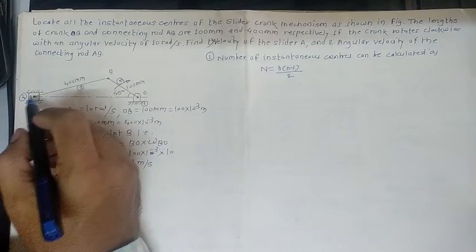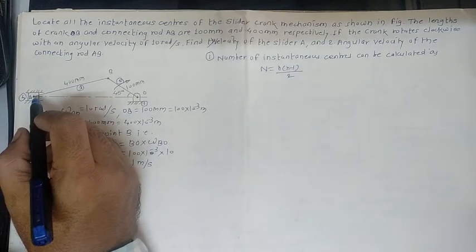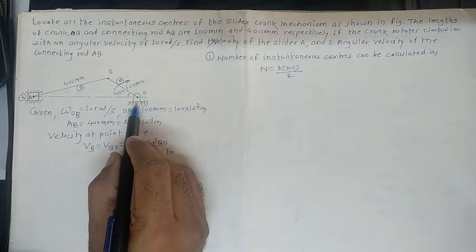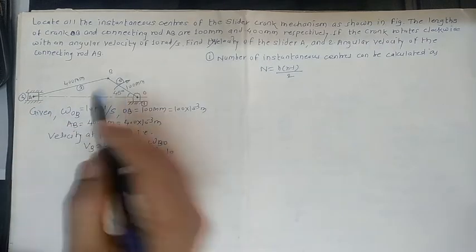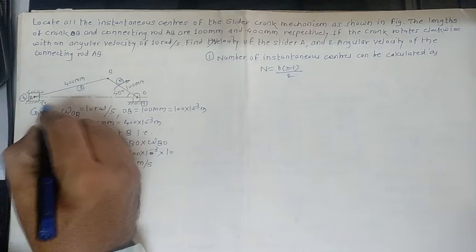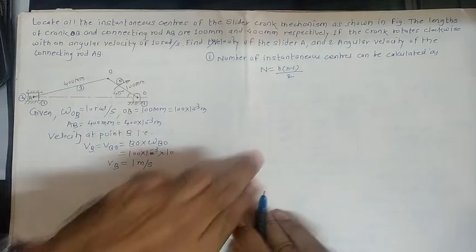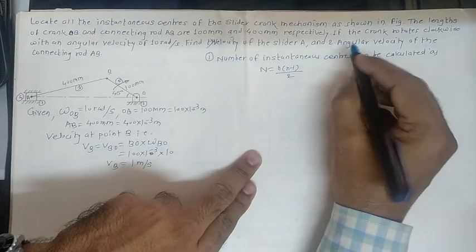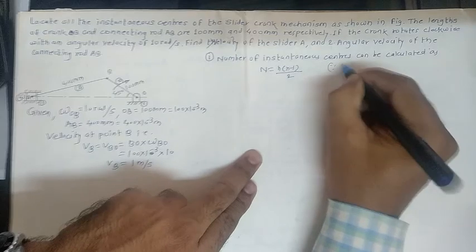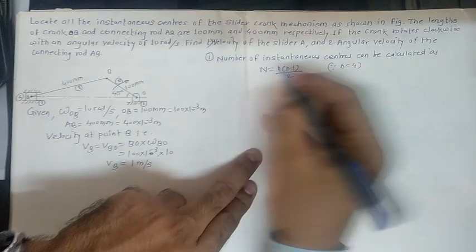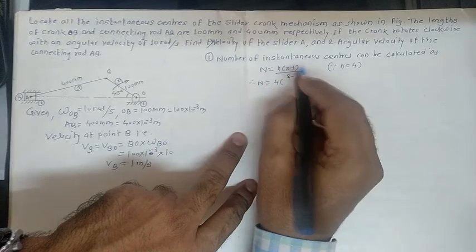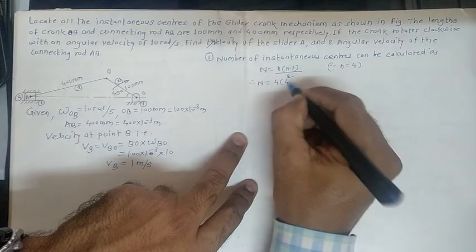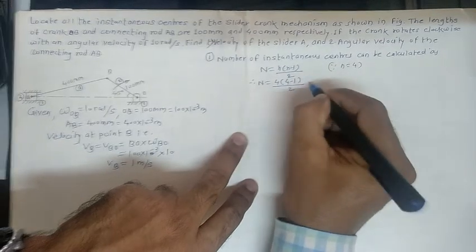The slider slides inside the cylinder; the cylinder and link number 1 are the fixed frame of the machine, so again give the number 1 for the same. Here we have 4 links, so small n equals 4. N equals 4 into 4 minus 1 divided by 2, which gives 6.